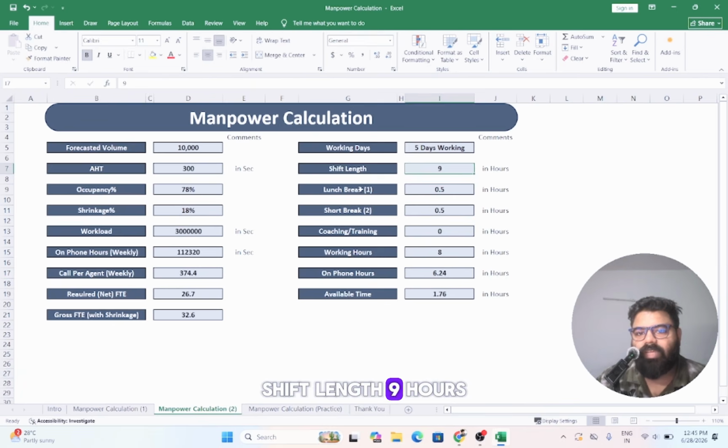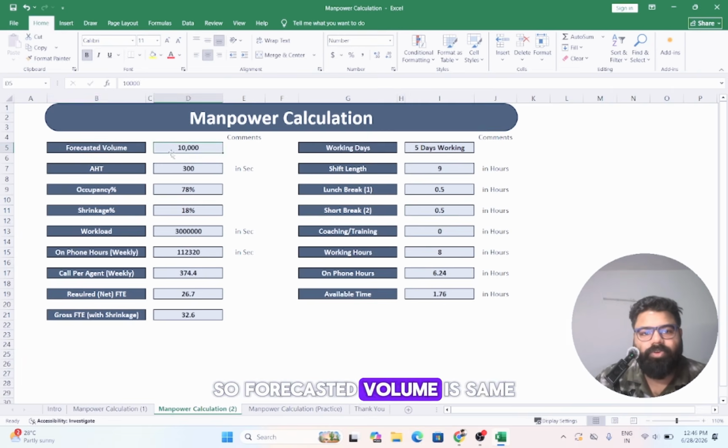Shift length 9 hours, lunch break 0.5, half an hour, short break half an hour. So this calculation is the same even in this part. Now what has changed here? I'm going to take the same assumptions so that we can validate our numbers, whether they match the one we did.